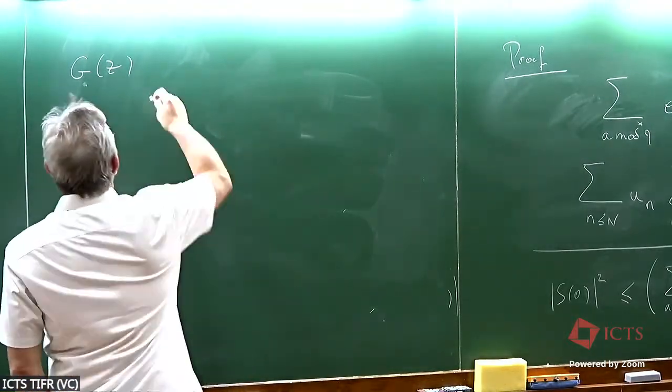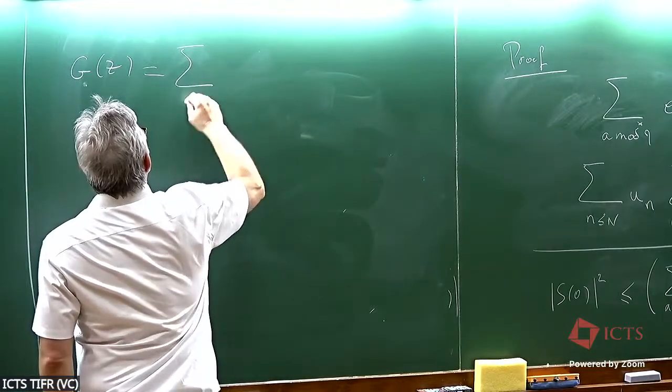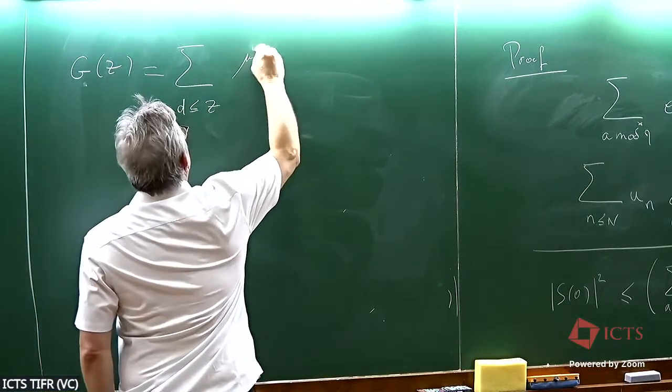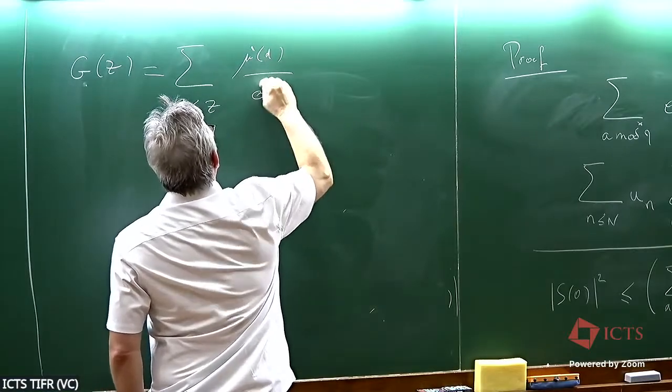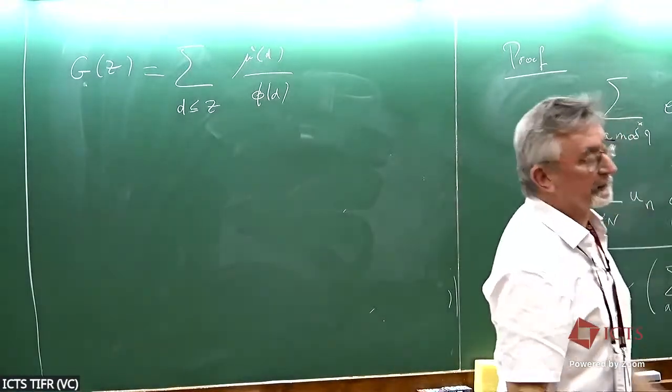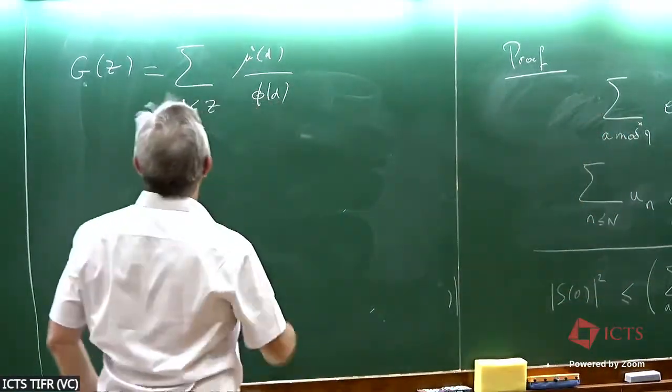Anyway. So G of z is a sum for d less than z of μ square d upon φ of d. And of course, I'm sorry, I changed notation between q and d. That's my life.